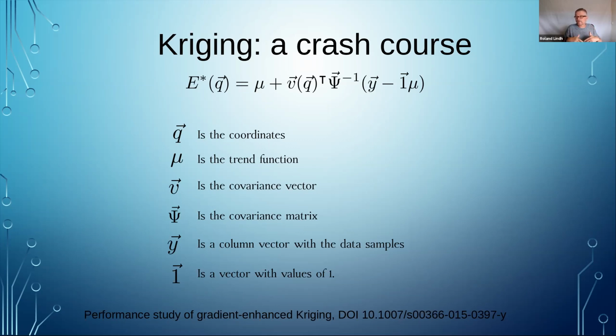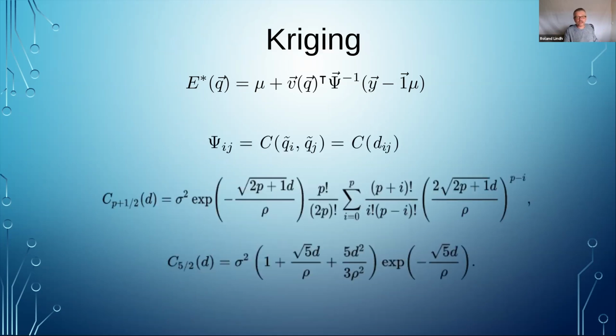And here is where, for instance, the Gaussians or the Matern functions show up. In our case, we're using a Matern function that is of 5/2 order, which is a Gaussian-like entity times a polynomial. And we have these d's here, which describe the distance between data points.